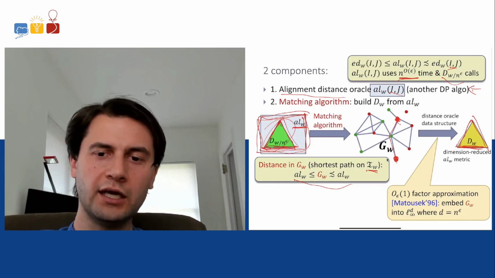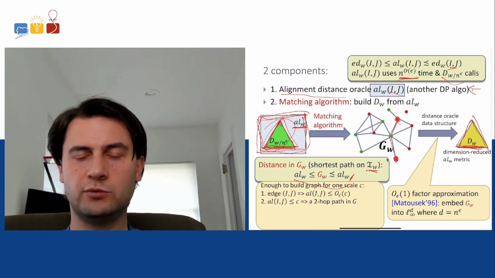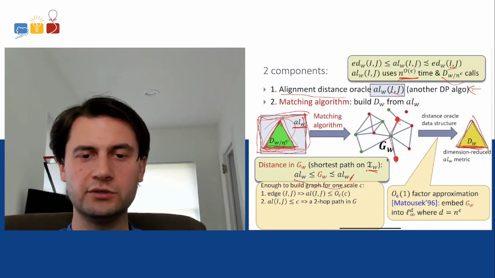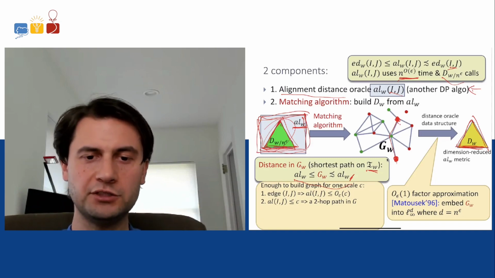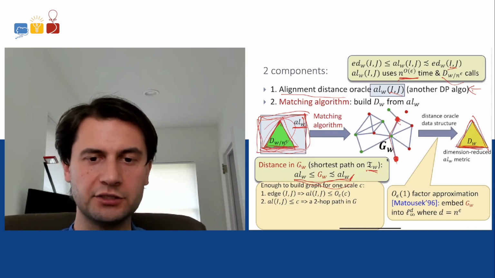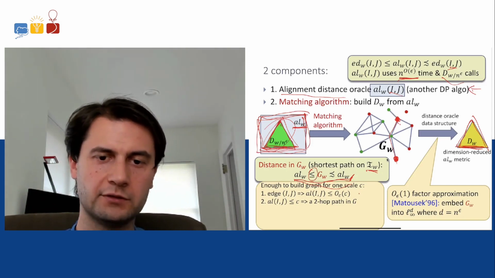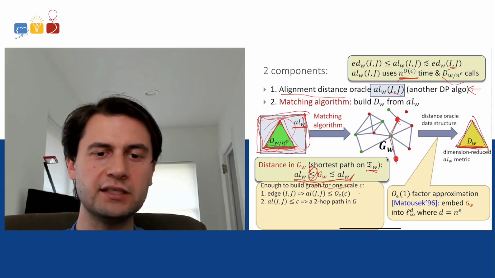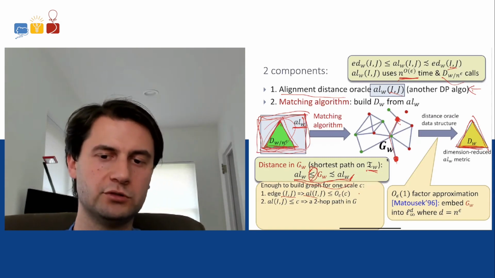Just to go into a little more detail about what it means to be approximate, here is a more formal version. It's enough to build a graph for one scale C, just like in the previous algorithm I mentioned, and it has two guarantees, approximation in two directions. One is that if there exists an edge, this corresponds to inequality 1: the alignment distance between this i and j is relatively small, proportional to the scale.